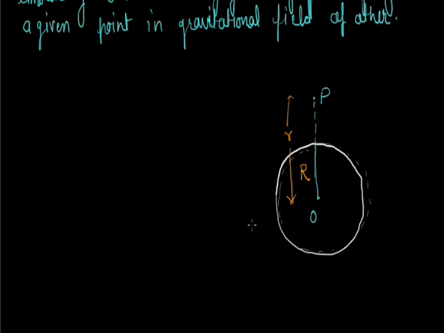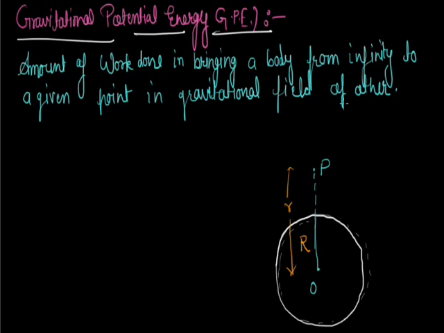As we want to calculate gravitational potential energy at point P, from the definition we have to calculate the work done in bringing a body from infinity to point P against the gravitational field of this planet, which is Earth, and suppose its mass is capital M.